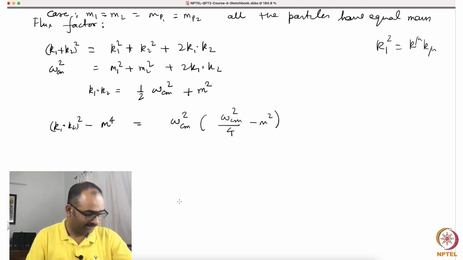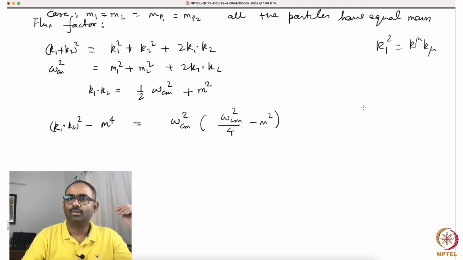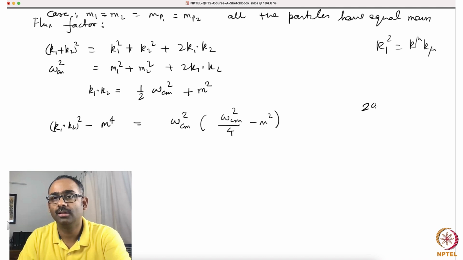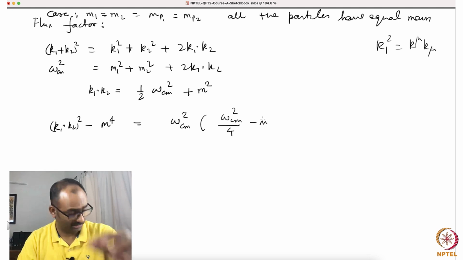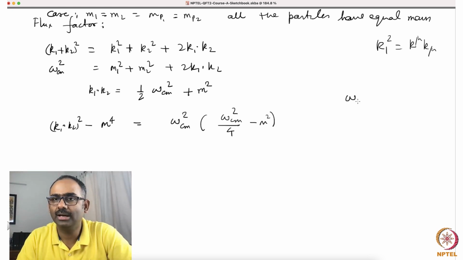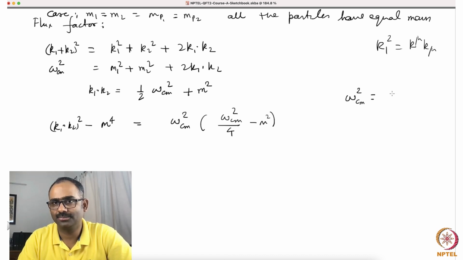And then you can use that omega cm minus m square. Okay, this you can check. Now omega cm square, that is the center of mass energy square, will be equal to the half of the energy of one of these particles, right?